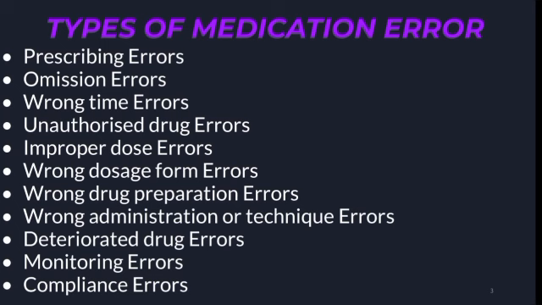Types of medication error: prescribing, omission, wrong time errors, unauthorized drug error, improper dose, wrong dosage form, wrong drug preparation, wrong administration, deteriorated drug errors, monitoring error, complaints error.